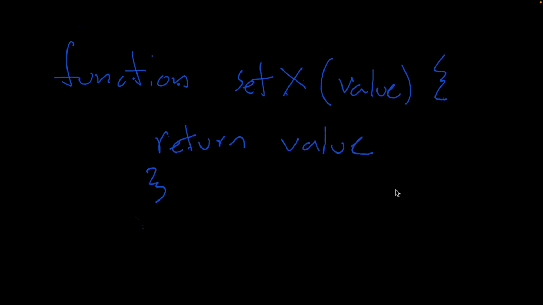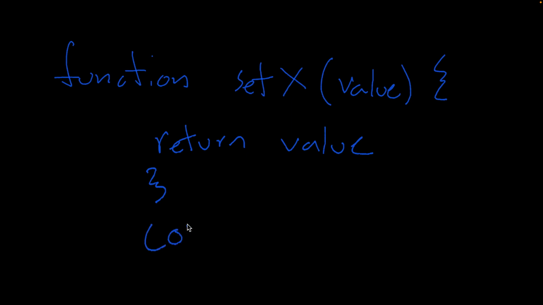Okay. Now, how do I call this function so that I get a console log of the value? Console.log and then set x. There it is.